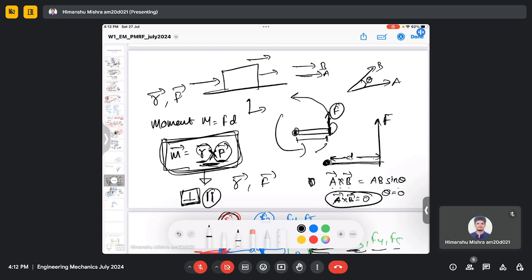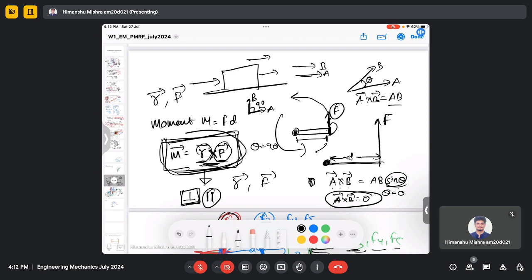They can be in any direction but not parallel. And if the direction is perpendicular, let's say this is vector A and this is vector B, they are at 90 degrees, which means theta is 90, which means sine theta is 1, and the magnitude of the cross product will be AB, which is the highest magnitude.